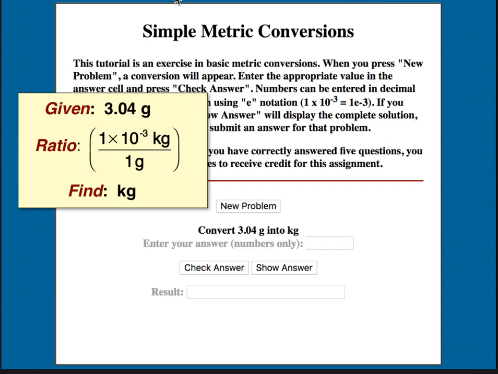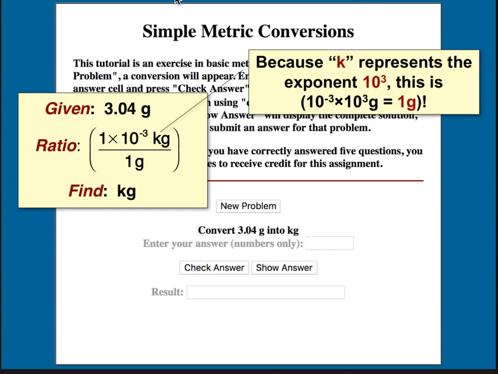For the ratio, since kilo is 10 to the third, if we multiply that by 10 to the minus 3, that's the same thing as 1. 1 over 1. That works. One more time. We have 10 to the minus 3. Whenever you see the kilo symbol, that stands for 10 to the third.